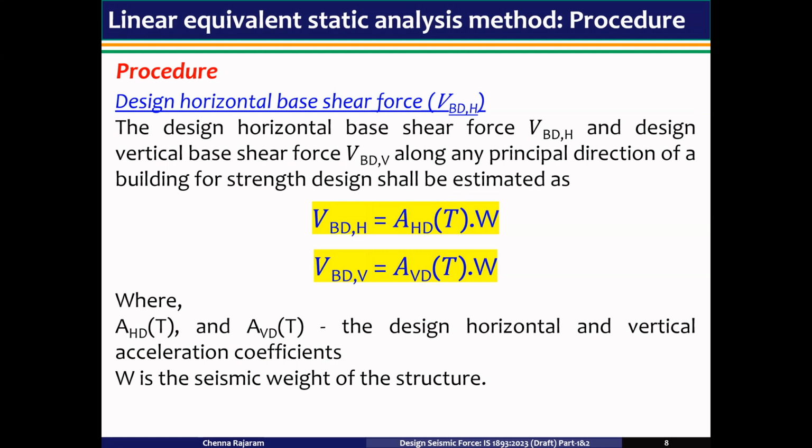The design horizontal base shear force VBDH and design vertical base shear force VBDV along any principal direction of the building for strength design shall be estimated as VBDH is equal to AHD of T into W. Similarly, in vertical direction, VBDV is equal to AVD of T into W, where AHD of T and AVD of T are the design horizontal and vertical acceleration coefficients, and W is the seismic weight of the structure.